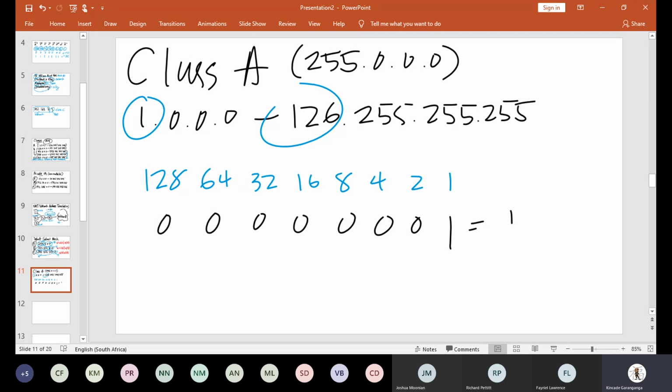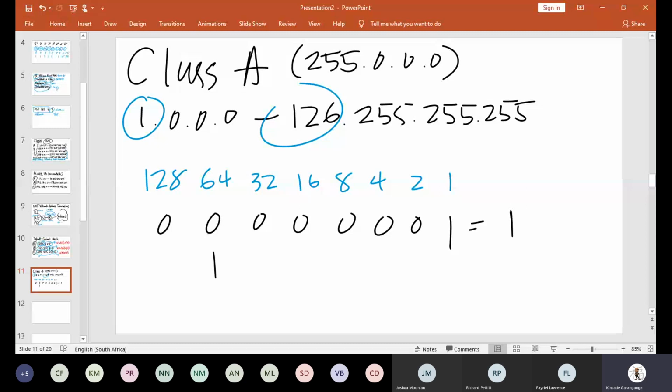We want to now look at 126. How do we represent 126 using the 8 bits that we've got? Do we have a number that is close to 126 there? Yes, we have that number. It's actually 64. Remember, we can't use 128 because 128 is larger than 126. So the closest number that we've got to 126 in the list is going to be 64.